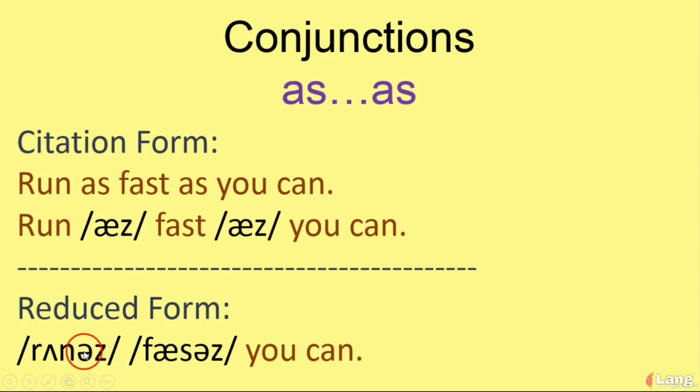So as becomes "uz". And when combined with the words run and fast, it sounds like "runners". And fast, we drop the T sound and combined with "uz", sounds like "fasses".